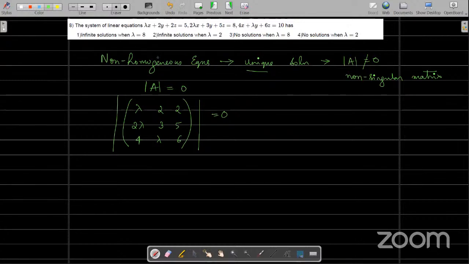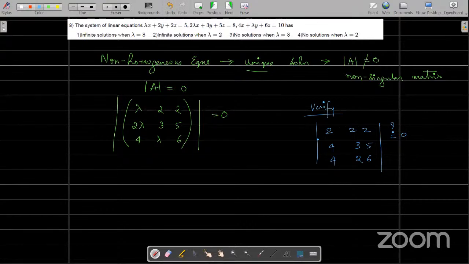One way to quickly check is to put those values in, lambda equal to 2, for example. So if we go by the verification approach, I can write down lambda equal to say 2, the smaller number. So I'll check for 2. 2 into 2, 4, 3, 5, and 4, 2, 6. So will this become 0? That's the question, right? Any of the 2 rows or columns are 0?